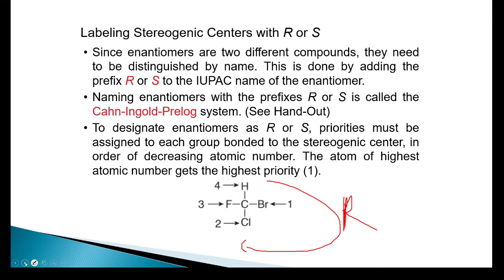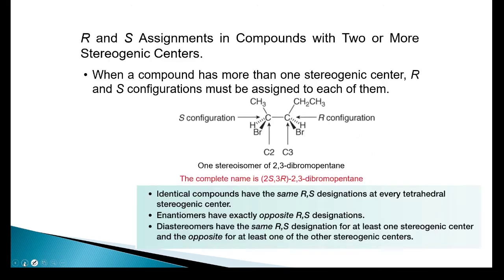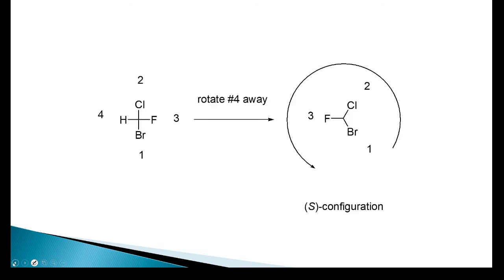So let's look at the one we just saw here. Get rid of hydrogen. Put it to the back. We're going to have to rotate it a little bit to get rid of it. But we're still 1, 2, 3. And that's an S, because 1, 2, 3, we're going left. That's S configuration. So we would say, name the compound, and put an S in parentheses out front.